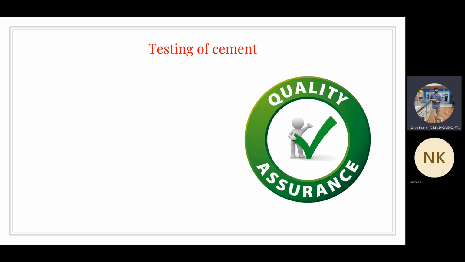Now, coming to the testing of cement. The testing of cement can be done in two ways. The first one is testing the cement in the field condition, that is in the site condition, and the second is testing the cement in the laboratory condition.